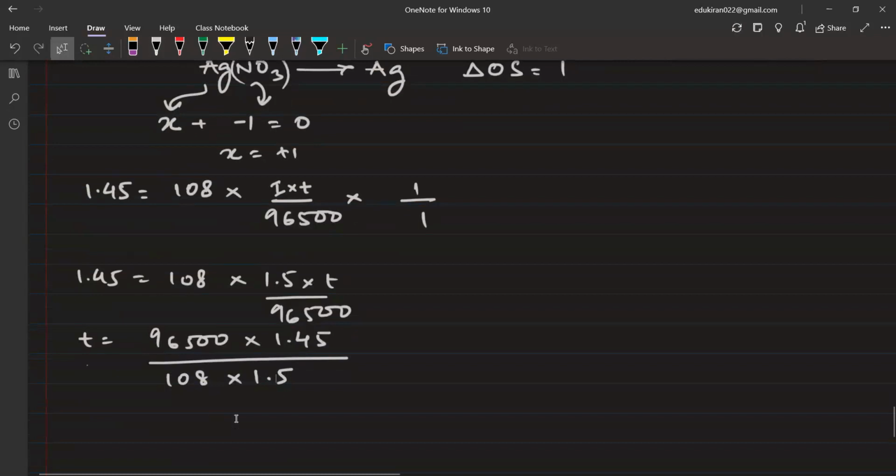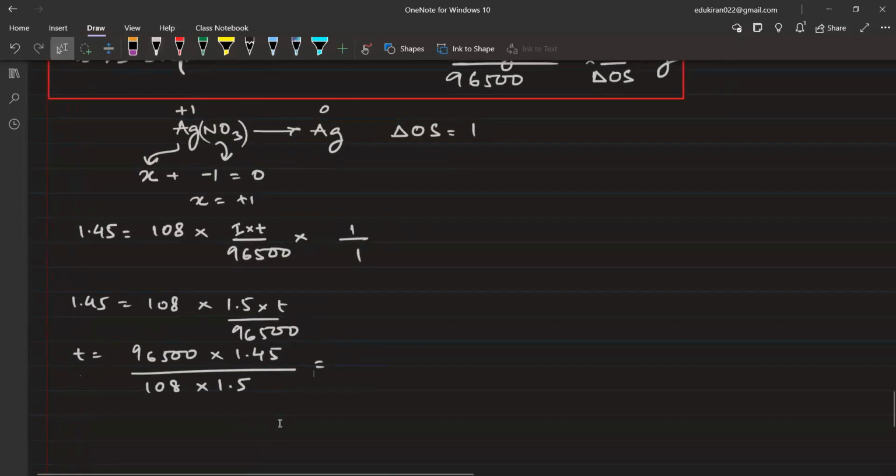You will get the time from this equation. देखिए कितना आ रहा है टाइम. टाइम जो आएगा आपका, this will be in terms of seconds. What is the time that you are getting?